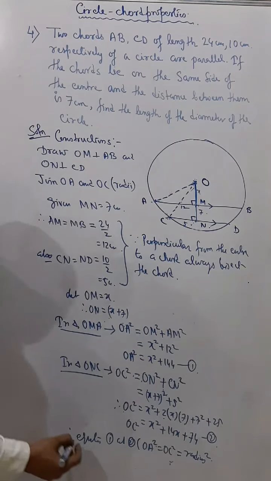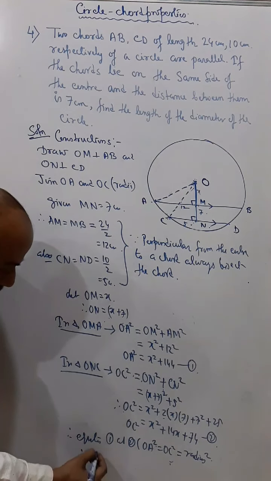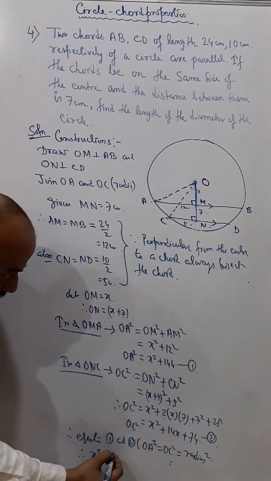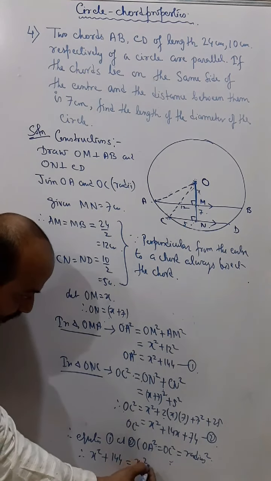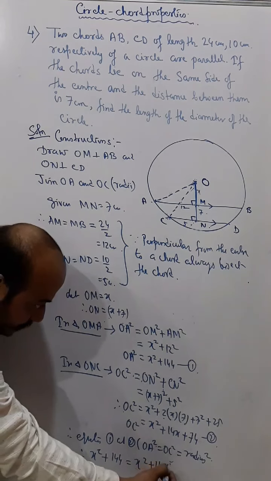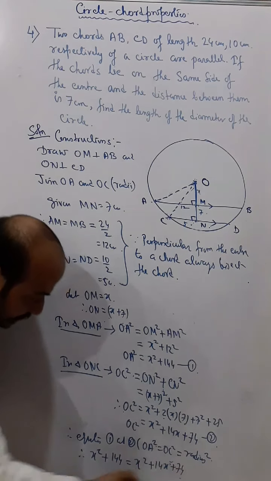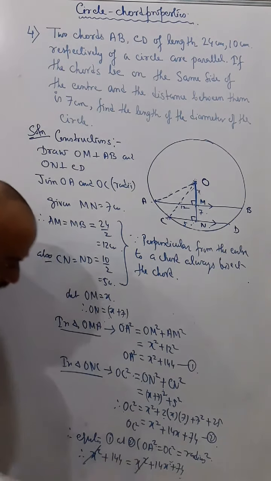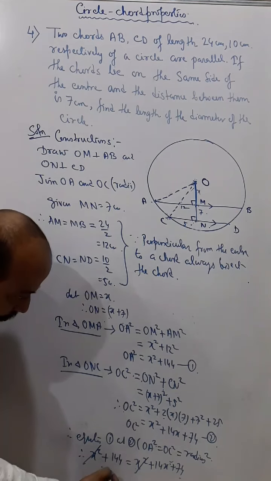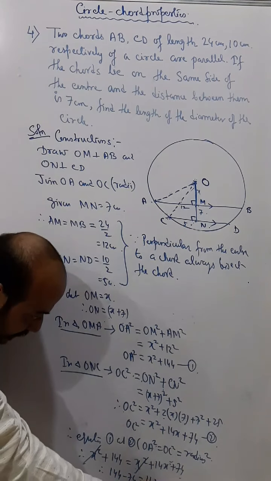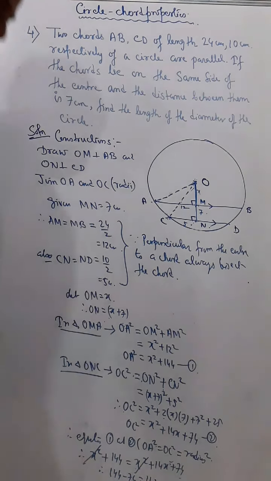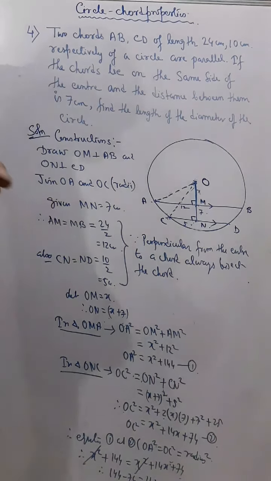So now if I equate them, I will get x square plus 144 is equal to x square plus 14x plus 74, and x gets cancelled. So you are getting 144 minus 74 is equal to 14x. Okay, and then we will get 14x is equal to 70.